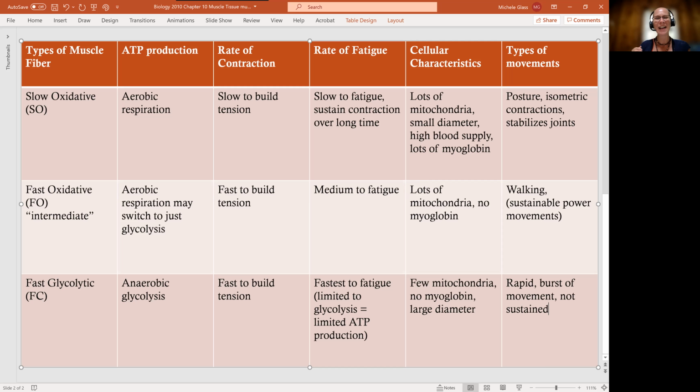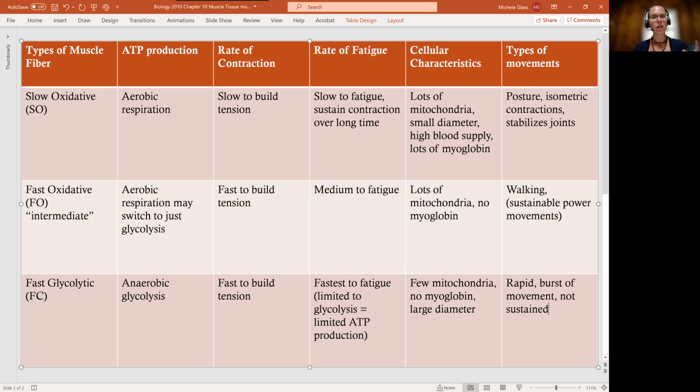So the fast glycolytic are those like a really rapid kind of sprinting kind of movements, right? That don't have to be sustained. Whereas the fast oxidative would be more like that marathon running or the walking where you're doing a movement that does require some power, but it also needs to be like sustainable power. And remember then our muscle cells, our whole muscles are composed of all three types of cells.